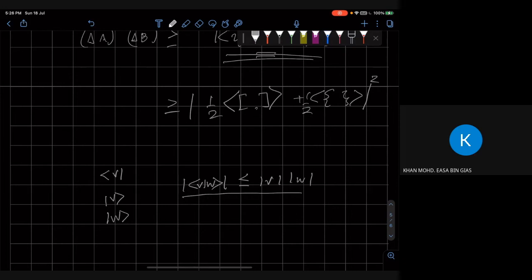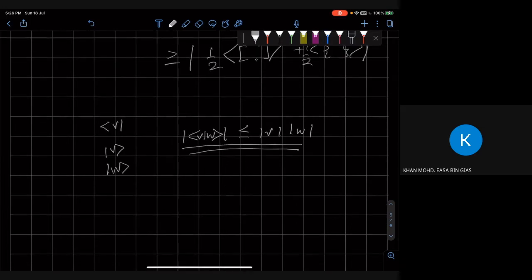So it's much more clear if I convert these to, say, real vectors, like three-dimensional vectors. Suppose V was a three-dimensional vector and W was a three-dimensional vector. Then what would this equation become?